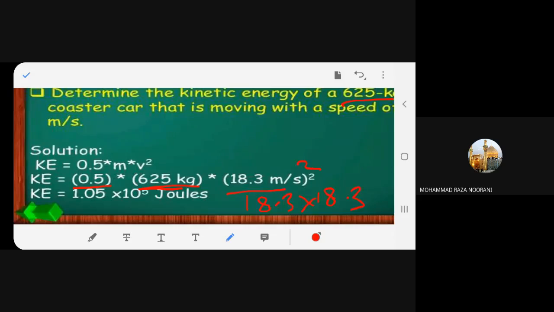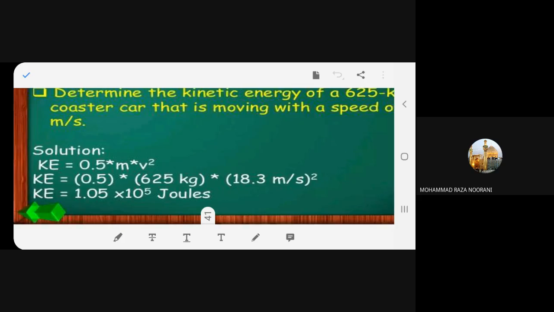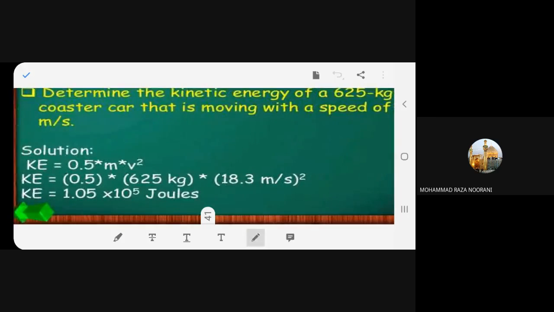Fine. And when you calculate it, whenever you write any answer, the first number could be 2.34, it could be 5.32. The decimal has to be after one figure. Remember that. And whatever zeros you get, you can make it as a power of ten. So the zeros may be 10 raised to power 5 joules.